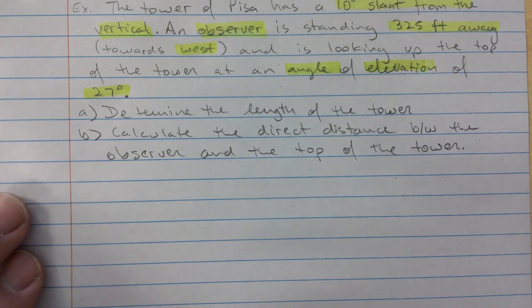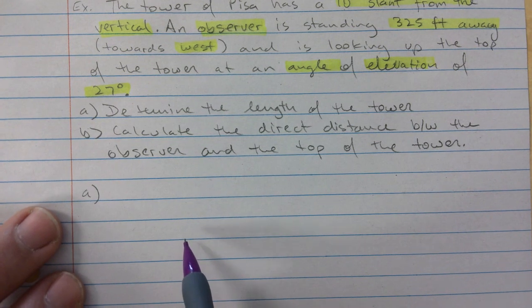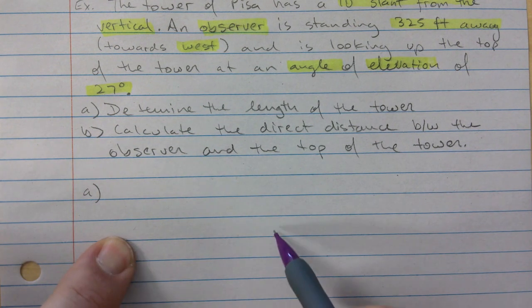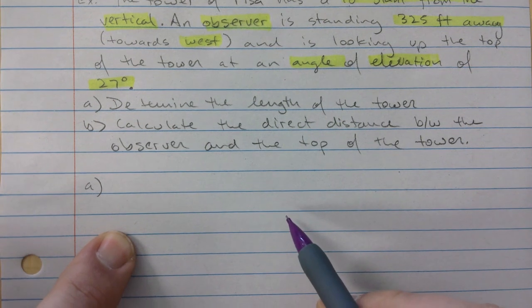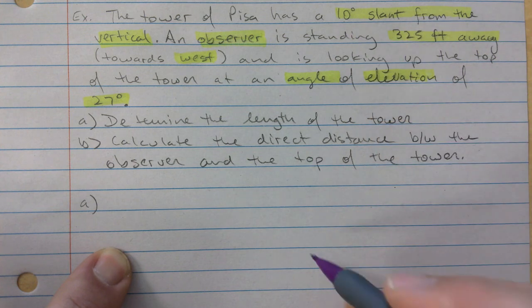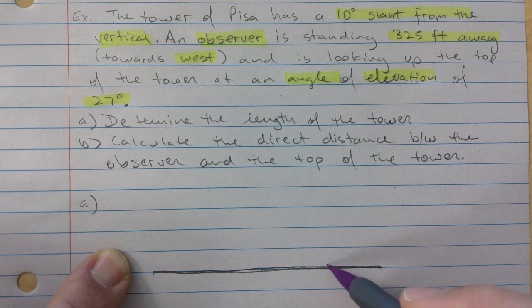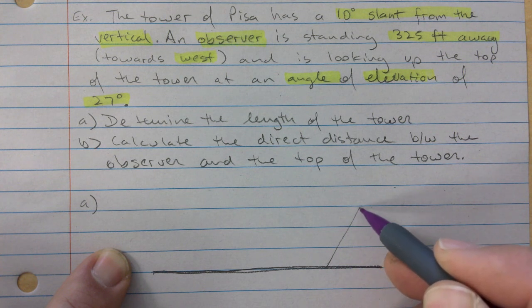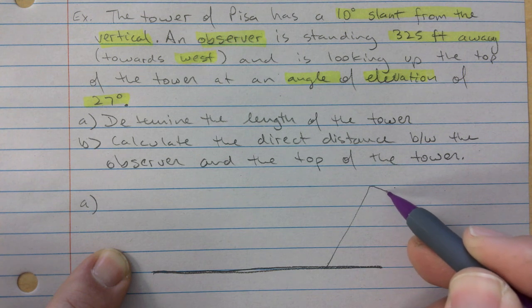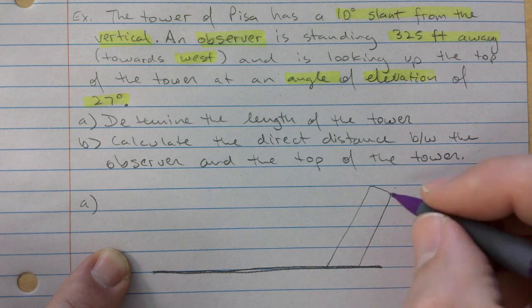So for A, we're going to make our diagram. If the observer is towards the west of the tower, they must be somewhere on the right side. And it has a slant of 10 degrees from the vertical. So if this is the ground, the tower is leaning away like this, and I'm just going to exaggerate, but this is our tower.